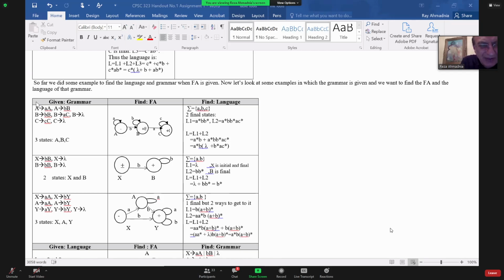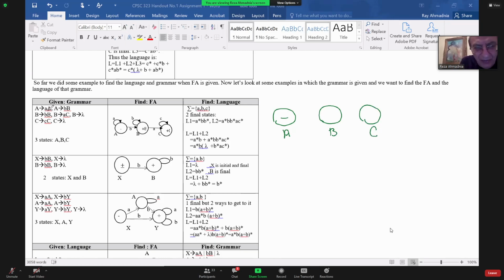So the grammar is this one here. If you look at the grammar, how many states do we have? A, B, and C. So this one here is A. This is A. And then this one here is B. And this one here is C. A is initial.